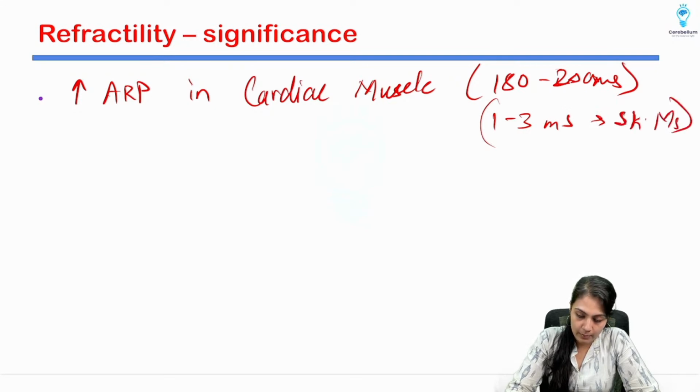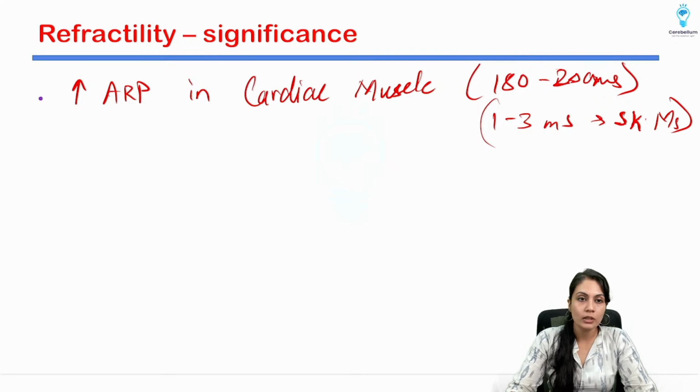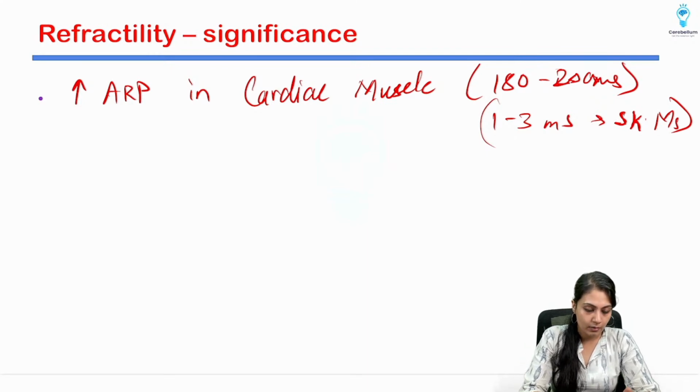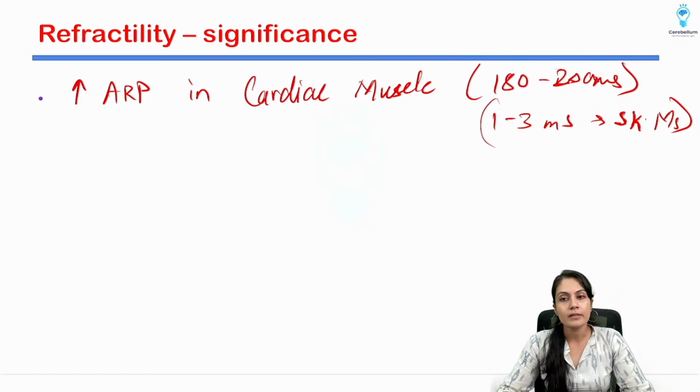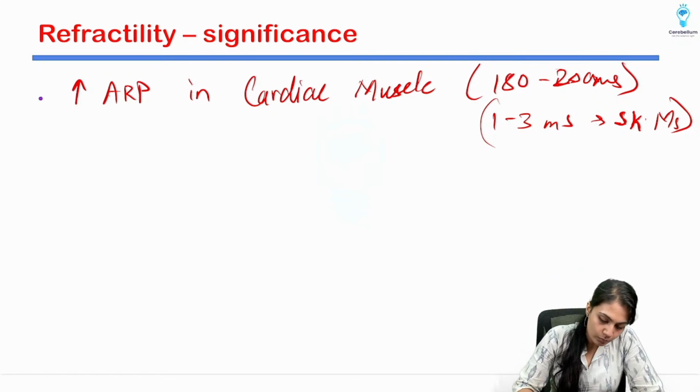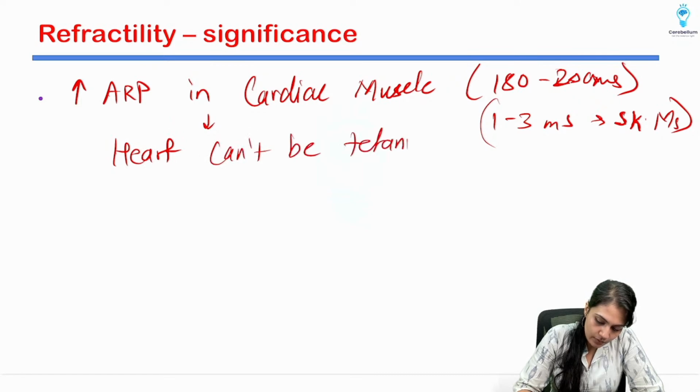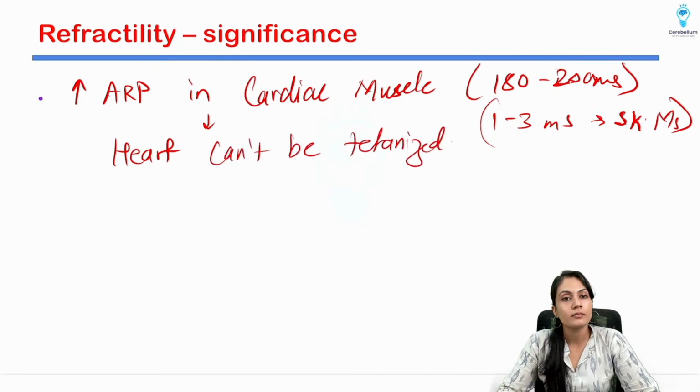So in the skeletal muscle it is going to be 1 to 3 milliseconds, and in the cardiac muscle it is going to be much higher. Now understand what is going to happen. Because of this, the heart cannot be stimulated back again, so the heart can't be tetanized, right?